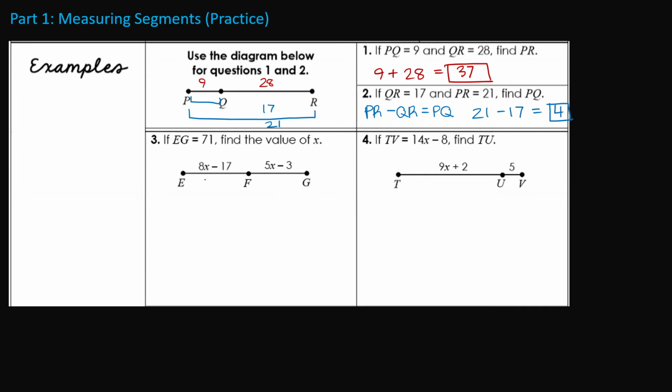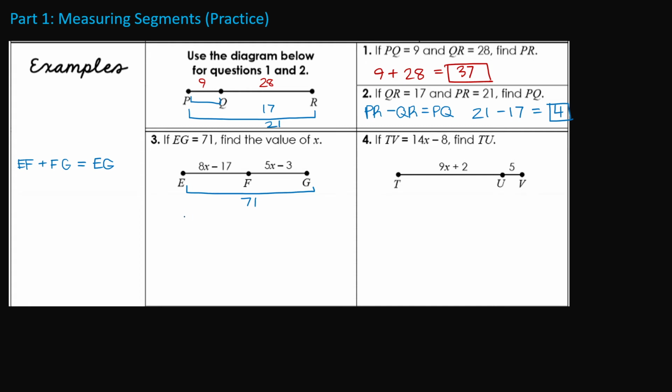For number 3, if EG equals 71, if the entire segment is 71 units, we're asked to find the value of X. So here's what I'm seeing. I know that EF plus FG, part plus part, equals whole, or EG.